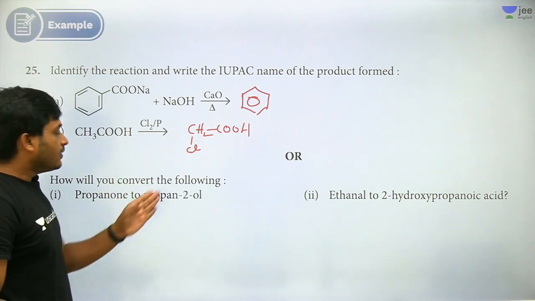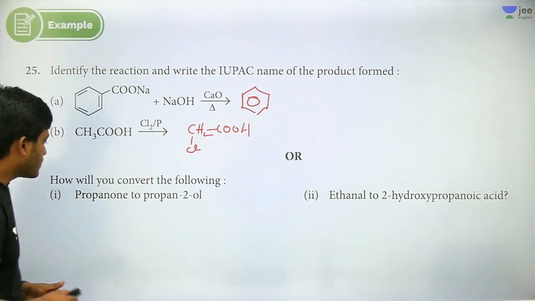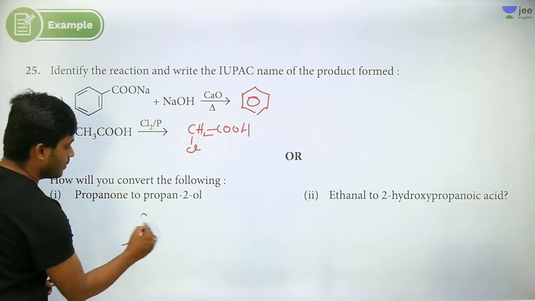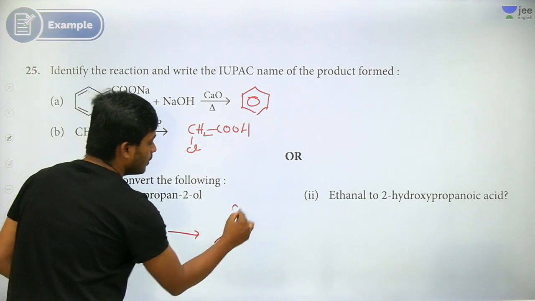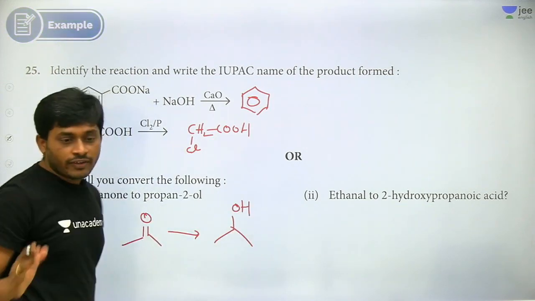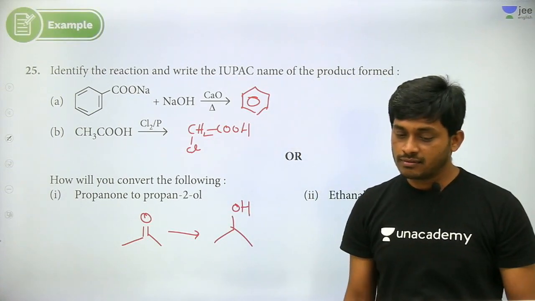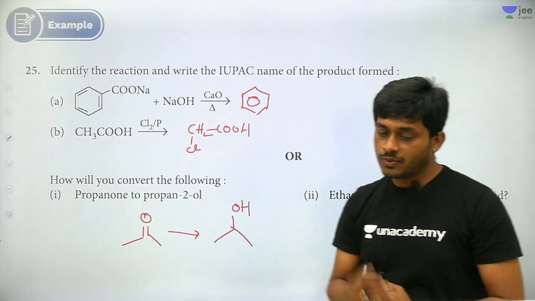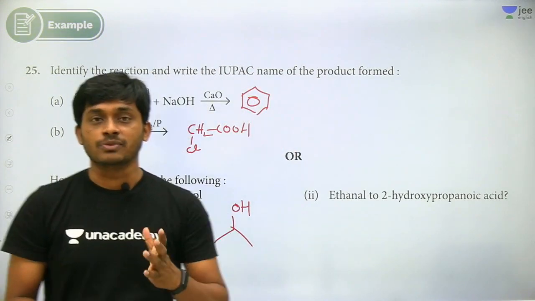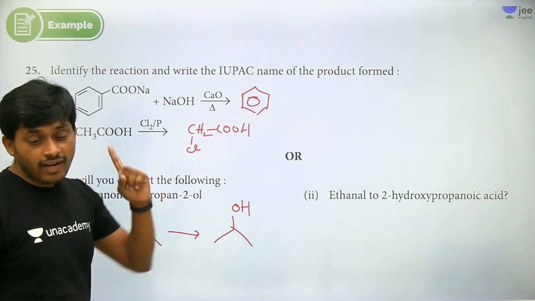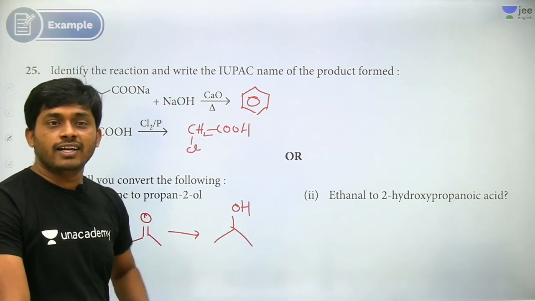How will you convert the following? Propanone to propanol. How do we do this? What do we use for this conversion? Which reagent we use? If you know the reagent, 1 mark we get.